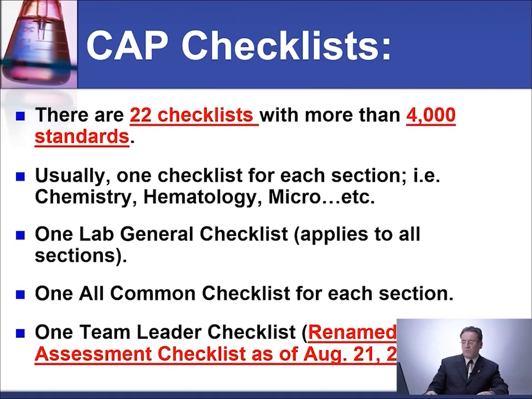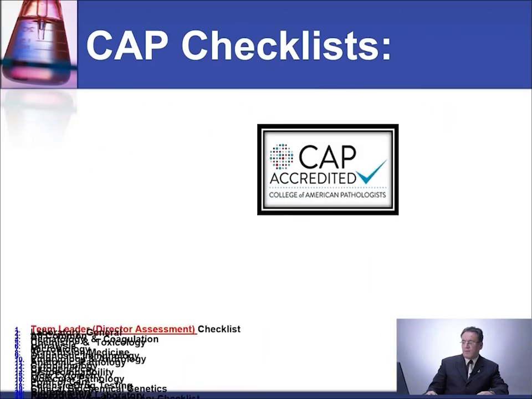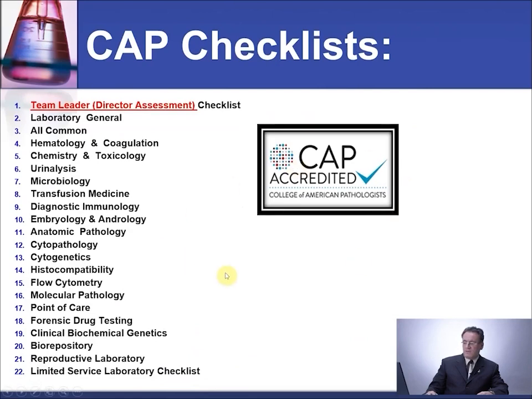And there is a team leader checklist that was renamed to Director Assessment Checklist as of August 21, 2017. These are the checklists that the College of American Pathologists published.